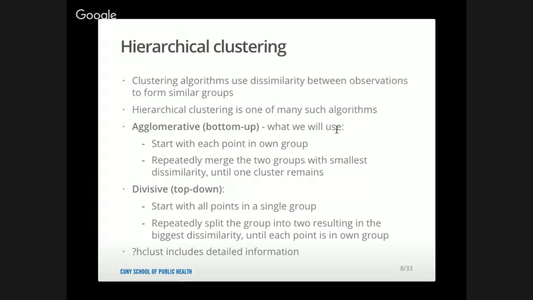It's going to use your dissimilarity measure to try to group together like things. Hierarchical clustering is just one of many, but it's a very commonly used one, in my experience the most commonly used.